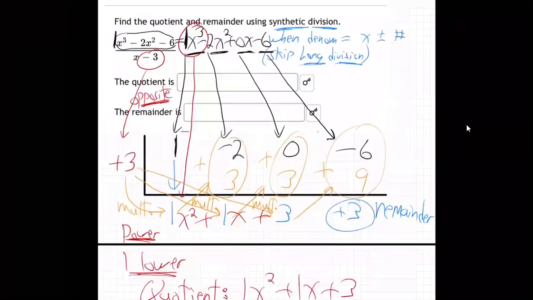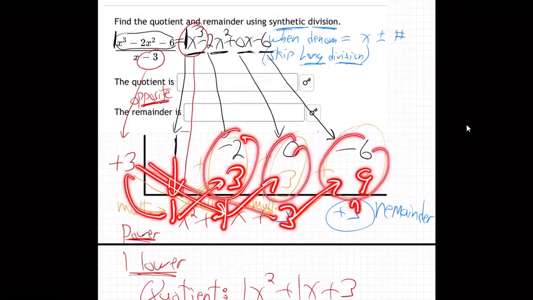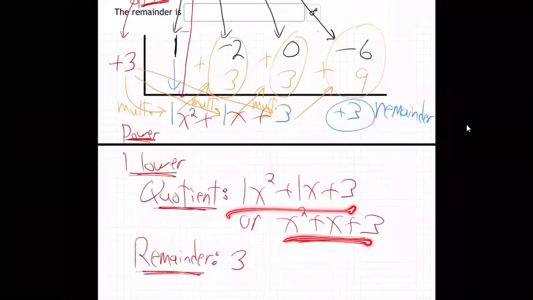And then we just bring down the 1. 3 times 1 is 3. Add them up. 1, multiply, put it right there. Add them up. 3, multiply, 9, put it there. Add them up. 3. That's our remainder. And then for these 3 terms, we start 1 power lower. So it starts with x squared, x, no x. So there it is, the quotient, either way you want to write that, and the remainder.